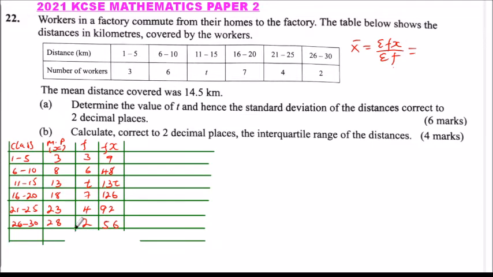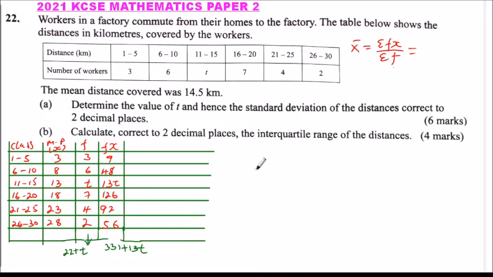So when you add this, we are supposed to get 331 plus 13t. Then this one is supposed to be 22 plus t.